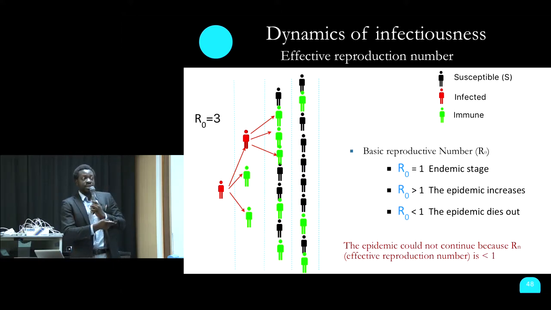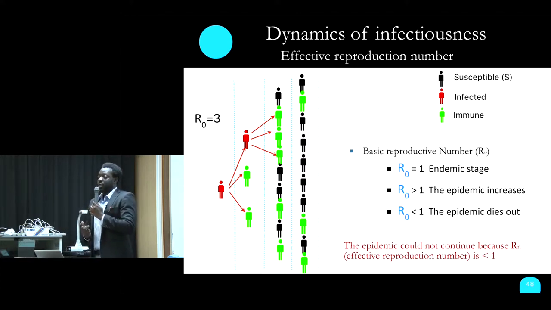And you can see that some people here, they are susceptible. They can become sick, but they didn't become sick even if they were not immune. They were protected by the people who are immune. So people who have immunity in a population actually protect people who don't have immunity.